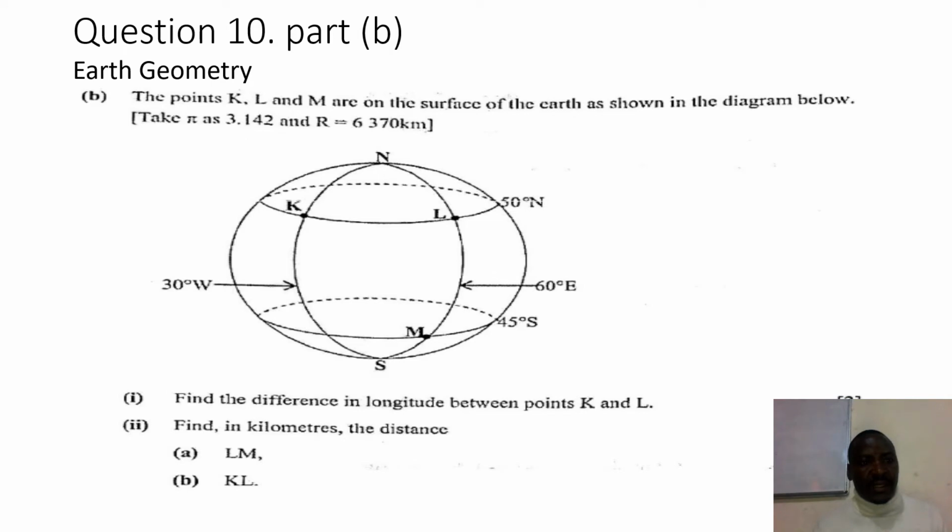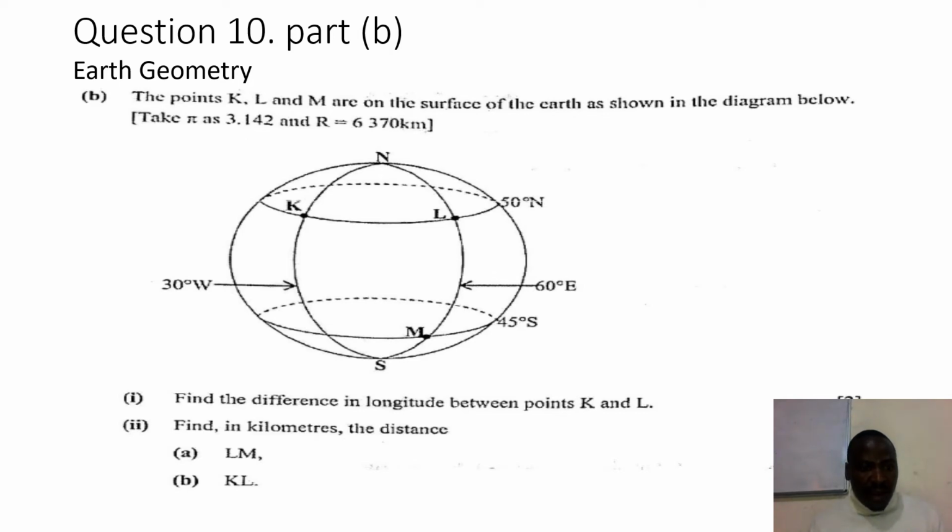Part B of this question was on earth geometry. It is saying the points K, L, and M are on the surface of the earth as shown in the diagram below. Take pi as 3.142 and radius of the earth as 6370 kilometers.